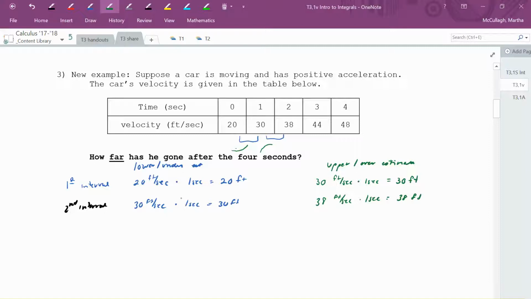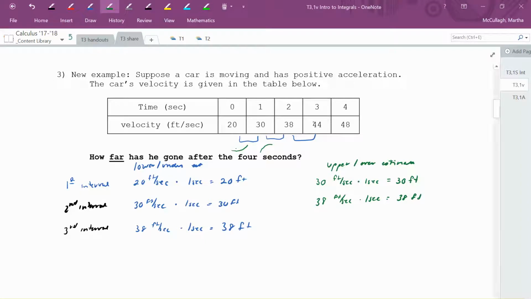So again, during that second interval from t equals 1 to t equals 2, the car traveled somewhere between 30 feet and 38 feet. In the third interval, the slowest that the car could have gone is 38 feet per second for that 1 second interval, which would give the car a distance of 38 feet.